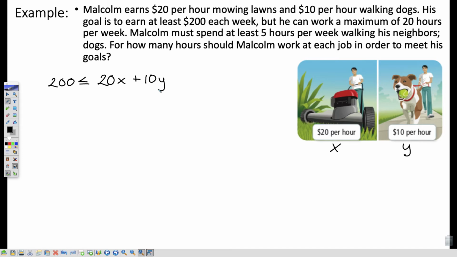So I can't work more than what? 20 hours. And what's my inequality there? Less than or equal to. Can I work less than 20? Yeah. Less than or equal to. No, greater than or equal to, because my equation can't be bigger than 20.